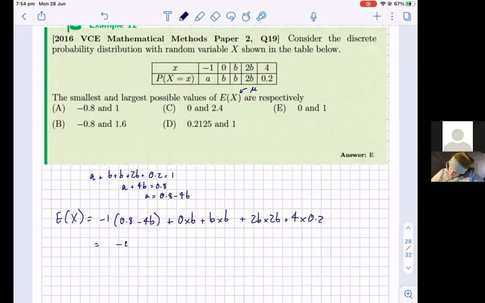So we've got negative 0.8 plus 4B plus B squared plus 4B squared plus 0.8. So the expected value is 5B squared plus 4B.